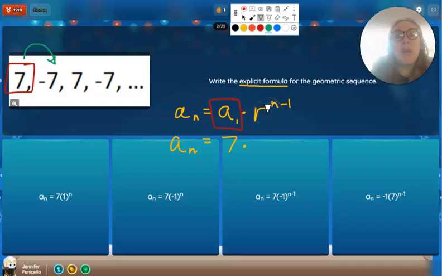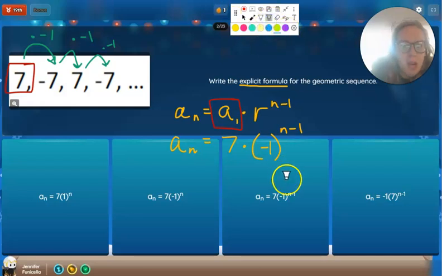What are we multiplying by? Right, the number is staying the same, it's just changing signs. So we multiplied by a negative 1. Negative 7 times negative 1 is positive 7. Positive 7 times negative 1 is negative 7. So our multiplier is actually negative 1. And then we have to the n minus 1.